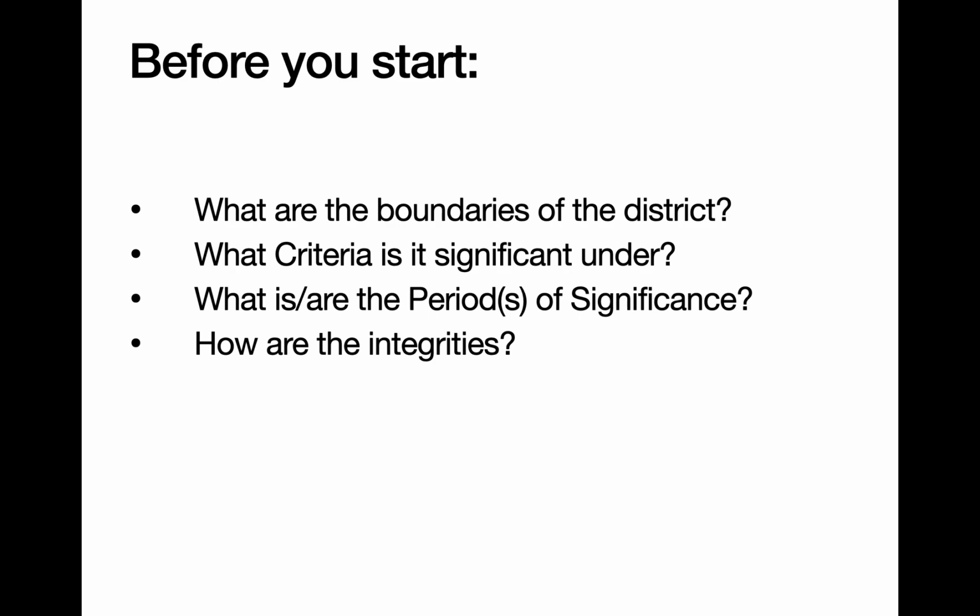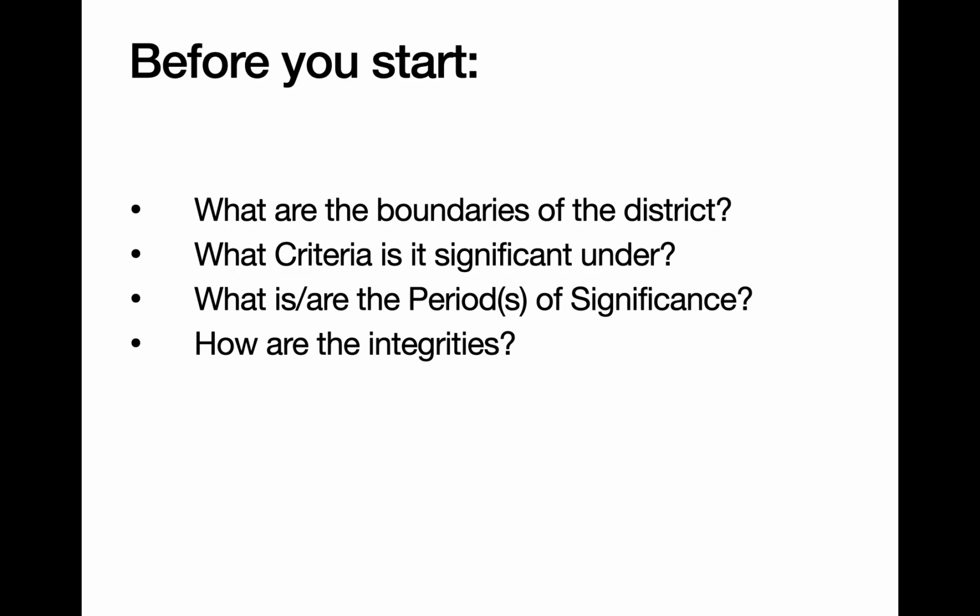You are allowed to have multiple periods of significance. And in some cases, you can have, for instance, 1850 to 1876, and then 1910, and then 1948. I don't know. So you can have discontinuous periods of significance. In our case, though, it's not going to be discontinuous, and it's going to be one period alone.